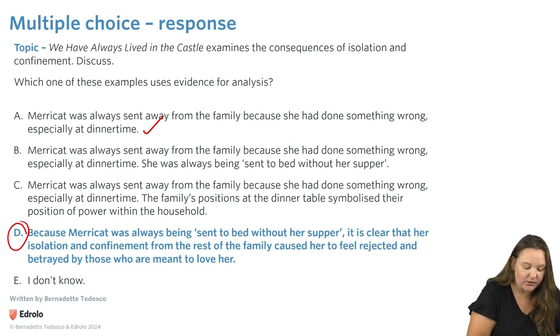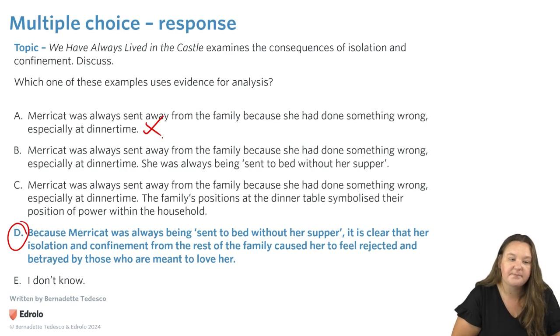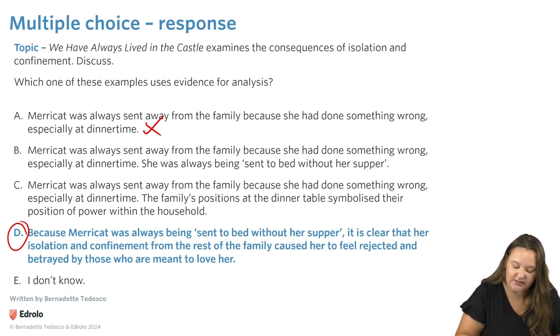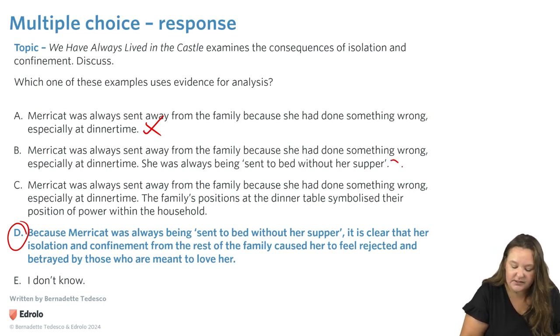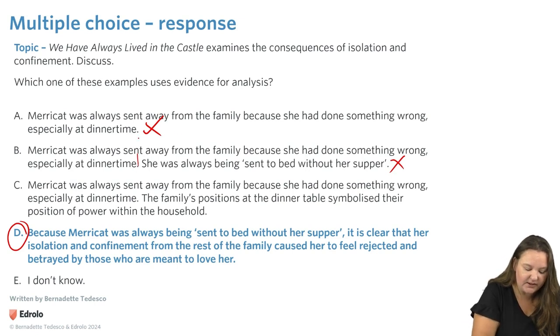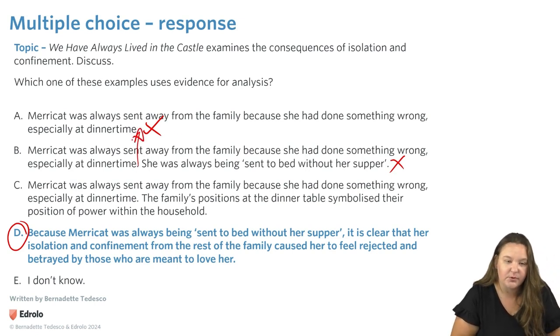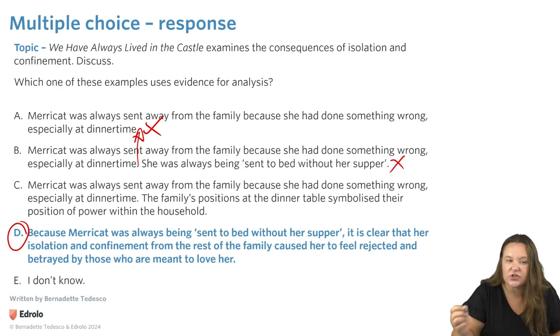So that one is incorrect. Merricat was always sent away from the family because she has done something wrong, especially at dinner time. She was always being sent to bed without her supper. So we've added a quote in here, but that quote hasn't actually been analysed. It's the same statement up here, just with a quote attached to prove that this retelling actually occurred.